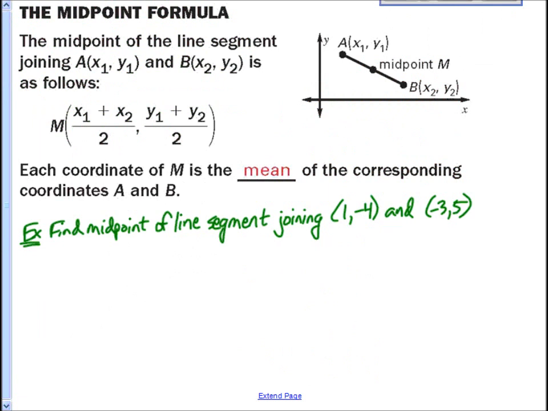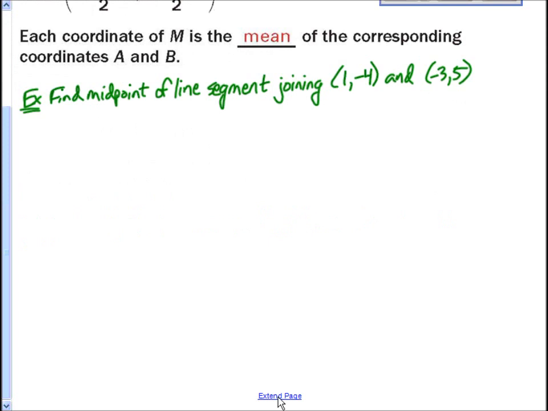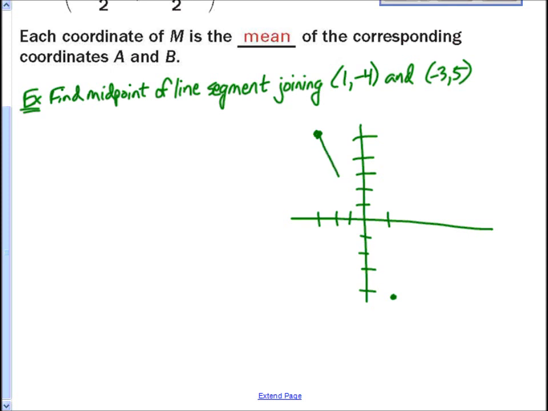Okay, now the midpoint formula. So this is just telling you if you got 2 points, give me the point that is exactly in the middle of those. Okay, so for instance, let's take this 1, -4. Let's draw this. Now, since this is kind of at a diagonal, it's hard to tell here.